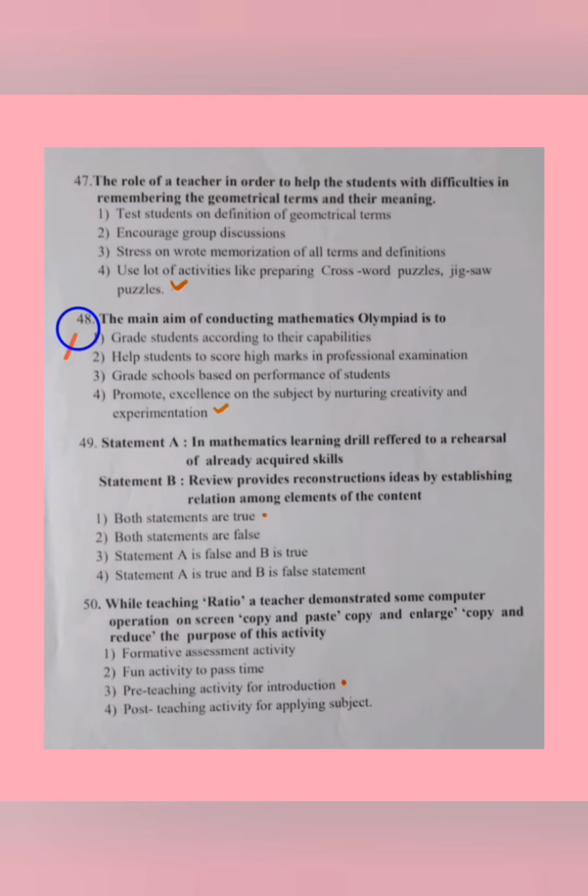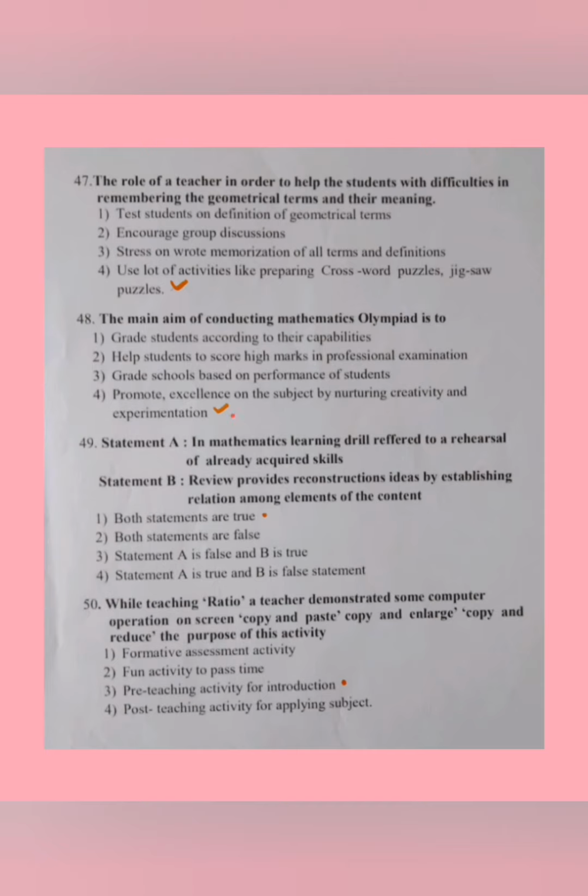Next one, the main aim of conducting a mathematics Olympiad is to... Options are: grade students according to their capabilities, help students to score high marks in professional exams, grade schools based on performance of students, or promote excellence in the subject by nurturing creativity and experimentation.